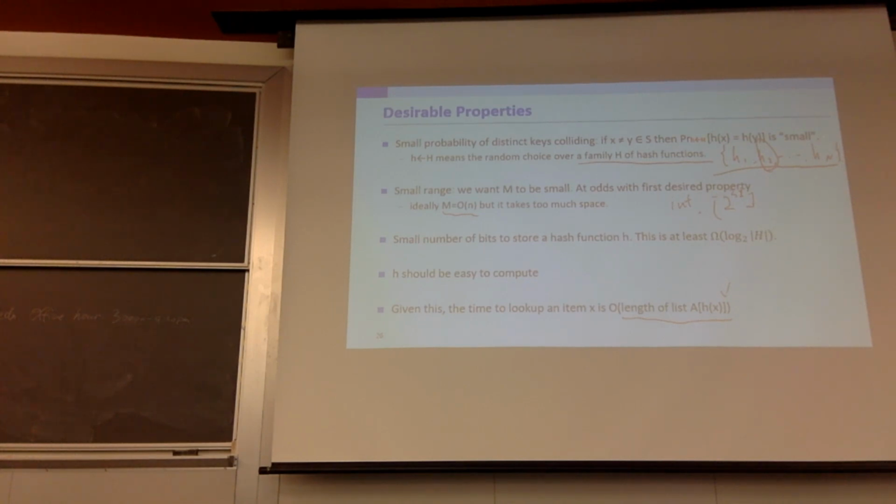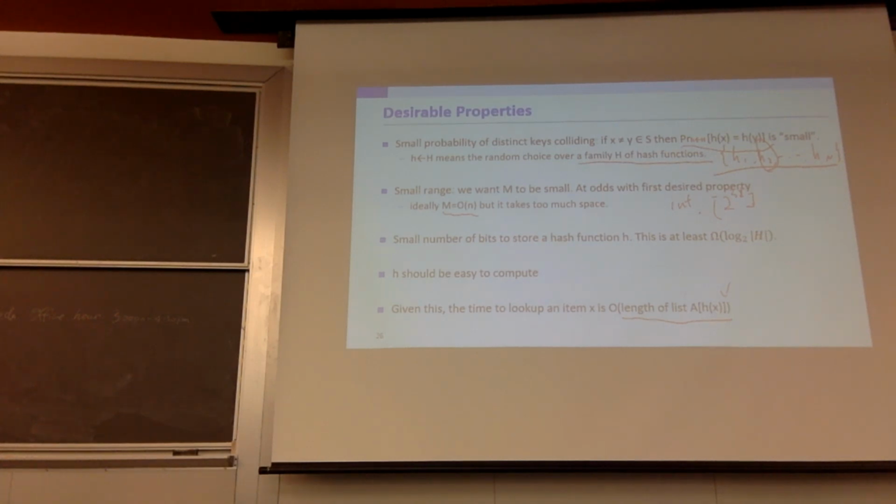The same here, because we are randomly choosing this H. Typically it's uniform, that's to say we have equal probability to choose each of these. Then we can calculate the probability, if you have two different elements, of choosing a hash function that makes the two different elements collide in hash value, meaning they have the same hash value.